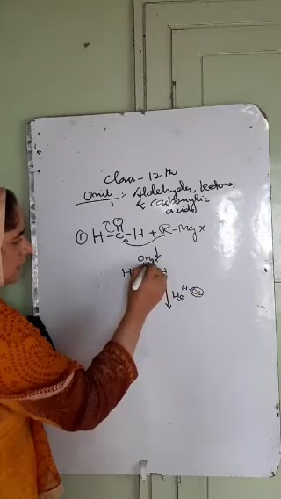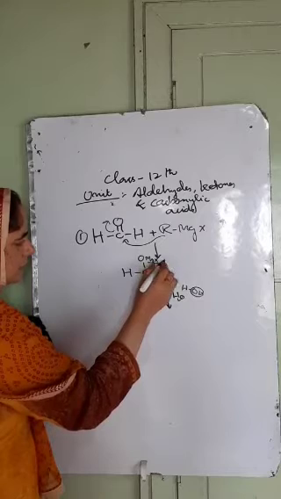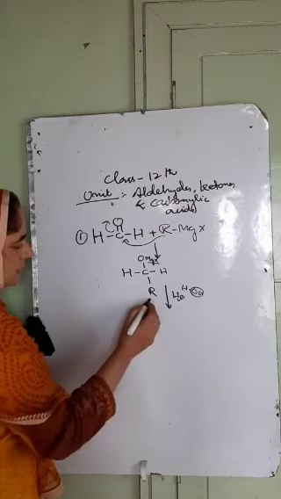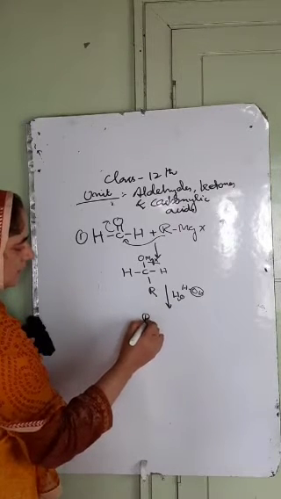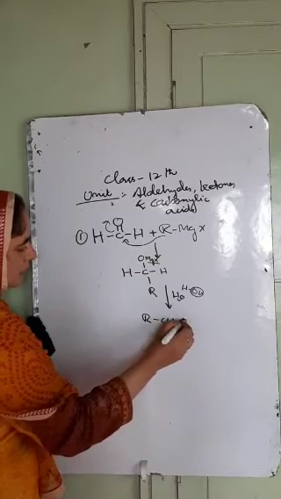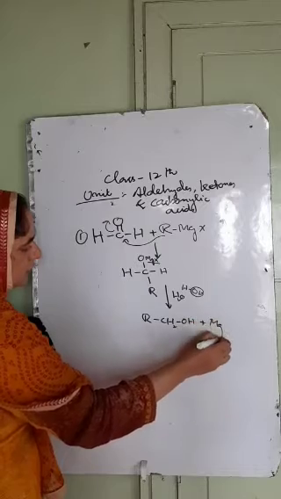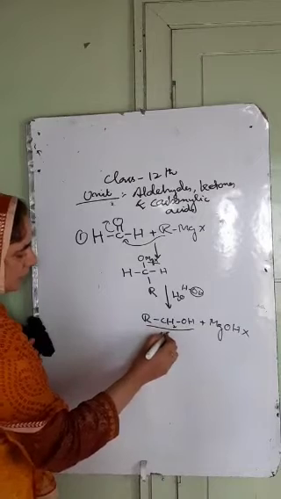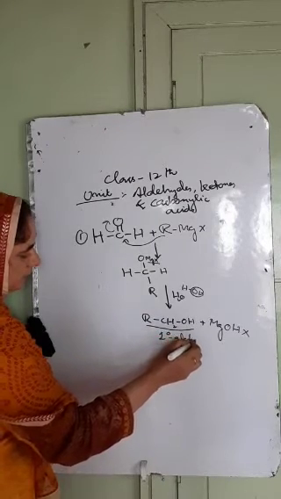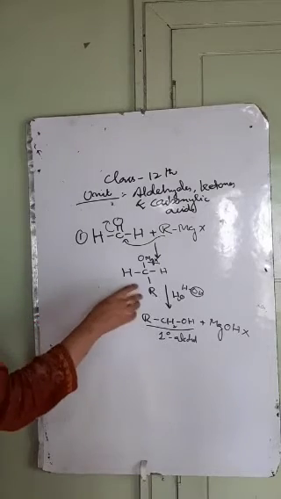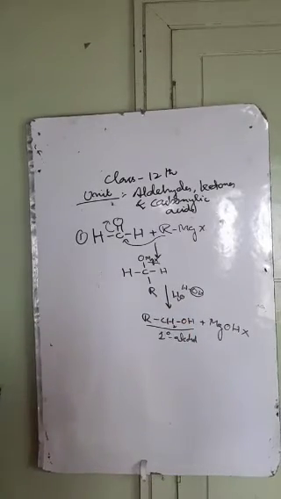This OH will come out, it will react with MgX and come out as MgOHX, and हाइड्रोजन जो है ऑक्सीजन के पास चला जाएगा. सो यहाँ पर क्या बनेगा प्रोडक्ट, that is R, C, H2, that is RCH2OH plus MgOHX. तो ये क्या है, primary alcohol. सो Grignard's reagent ने जब रिएक्ट किया formaldehyde के साथ, तो addition compound बन गया. This addition compound upon hydrolysis results in the formation of the primary alcohol.